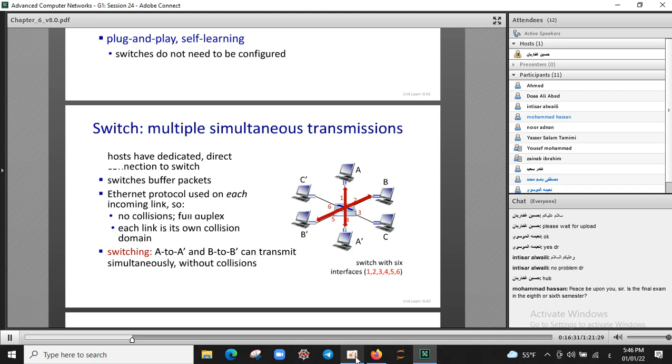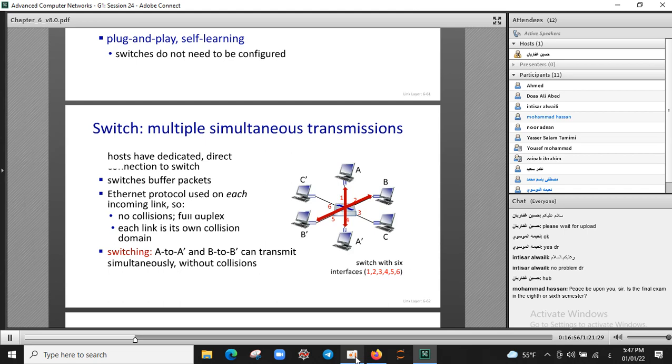Sorry for the interruption. Okay, those hosts are connected together, and at the same time, they can transfer their data. A is sending to A prime, B is sending to B prime, C is sending to C prime.